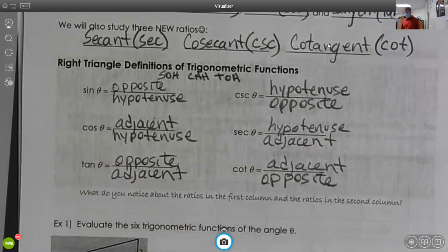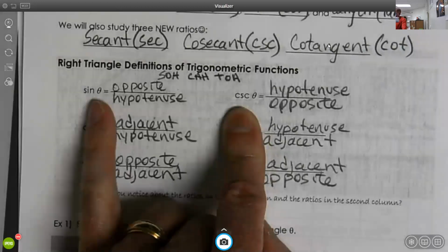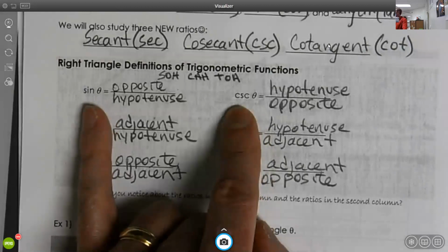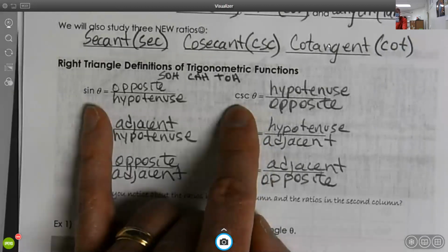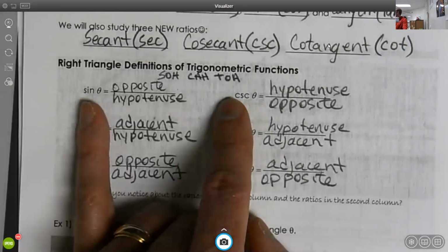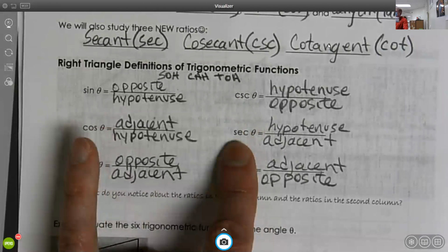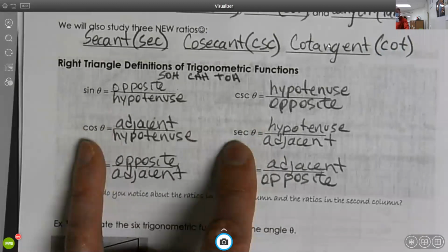So the trickiest part is being able to identify which new term goes with the term you already know about. Cosecant goes with sine. How are you going to remember that? The way that I think about it is both of these have an S and a C with it, and then down here, it has an S and a C with it. Unfortunately, the S's don't go together.